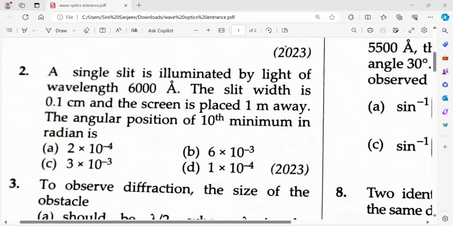If I'm converting into centimeter, anyway, everything we will take as meter only, because that is the standard unit. Does everyone know how to do this question, or does anyone need help?